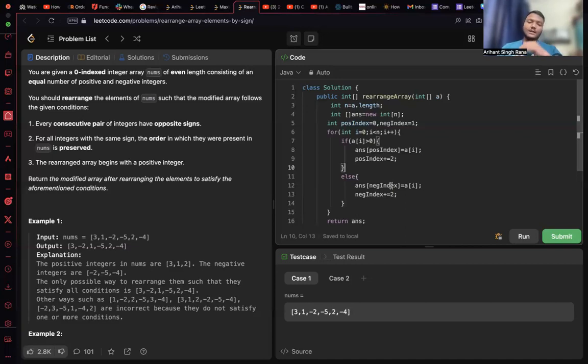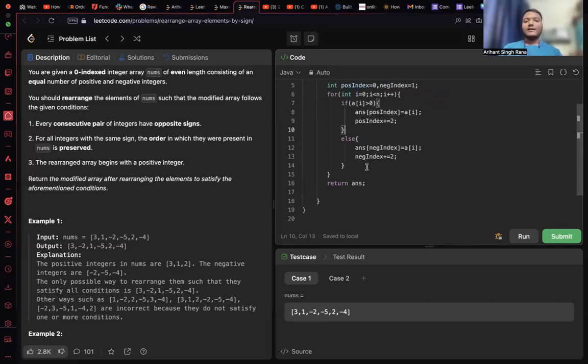Because in the previous observations, we observed that negative numbers always arrive at odd indexes. And the updation command is +2 here as well, to get to the next odd index, because the current one is occupied by the current element.